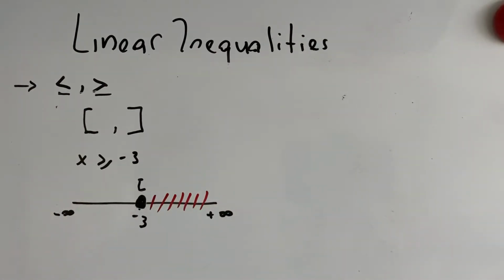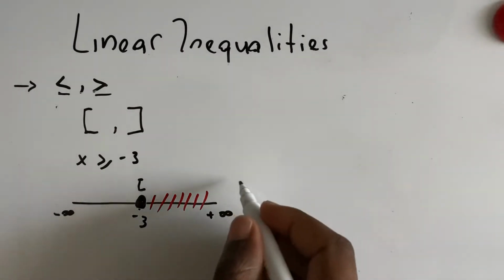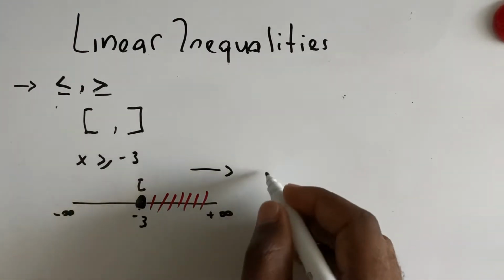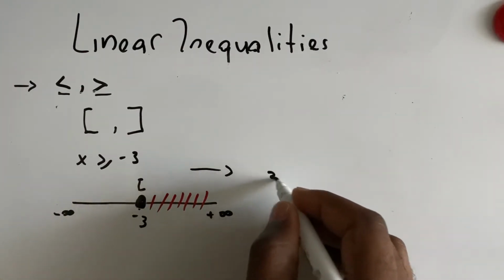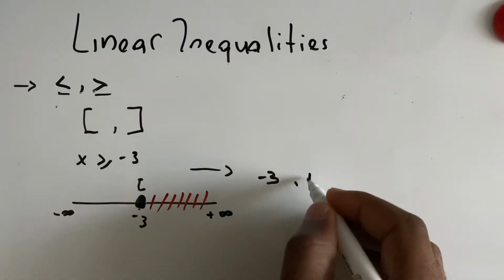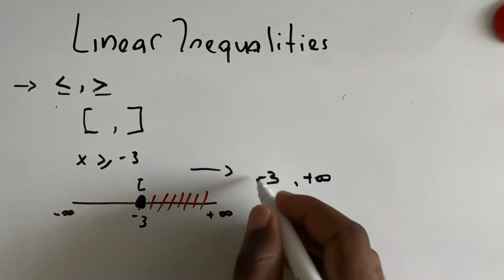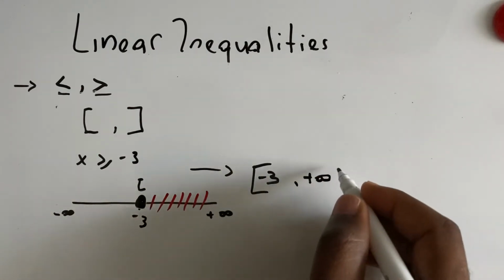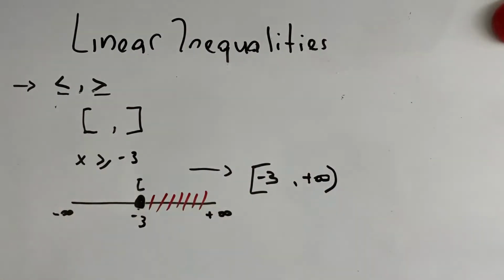Now, as the interval notation, it has to be from -3 to positive infinity. Now from -3, you have to use a bracket. To positive infinity, parentheses, okay?